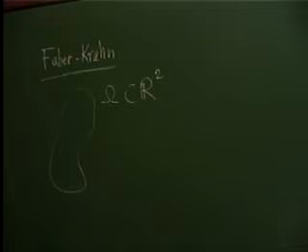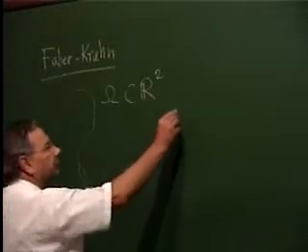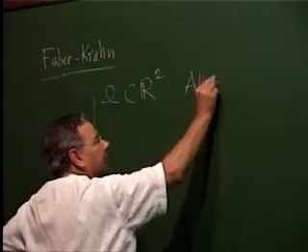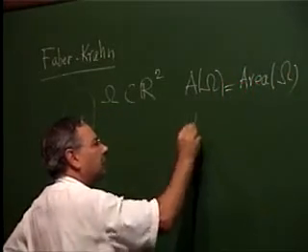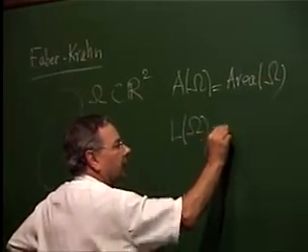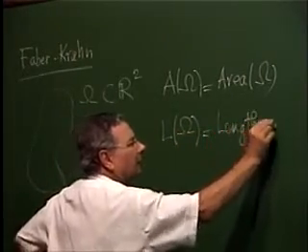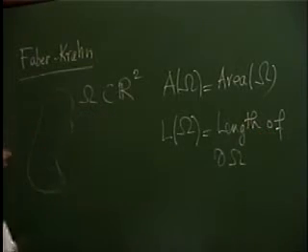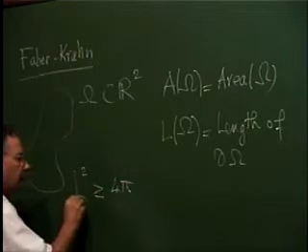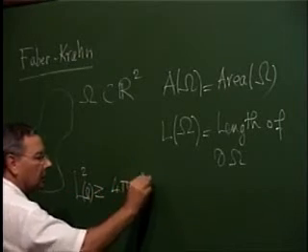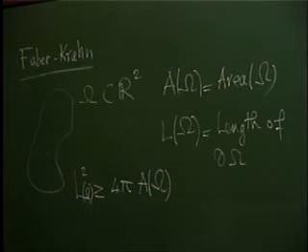So the idea is to use the isoperimetric inequality. What the isoperimetric inequality tells you is that if you call A of omega the area of omega, and if you call L of omega the length of the boundary of omega, then what you have always is that the length squared of omega is always bigger than or equal to 4 pi times the area.